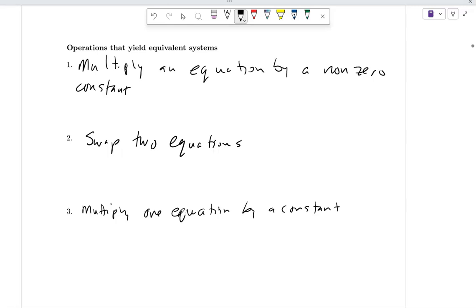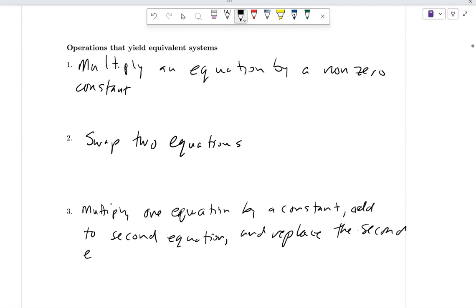Multiply one equation by a constant, add to a second equation, and replace the second equation with the result. The important thing to remember with this one is that the first equation doesn't actually change.